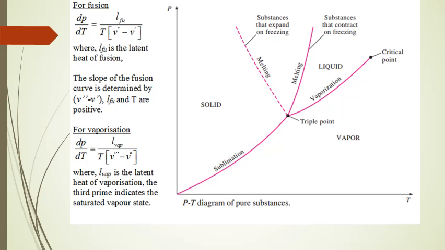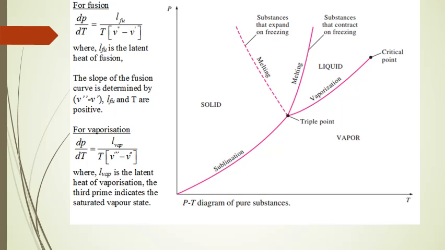The slope of the fusion curve is determined by v double prime minus v single prime, and latent heat of fusion and T are positive. If the substance expands on melting, that is v double prime is greater than v single prime, the slope is positive. This is the usual case. Water, however, contracts on melting and has a fusion curve with negative slope.